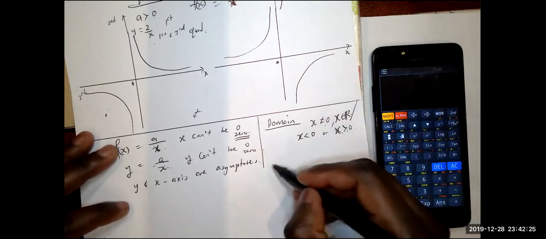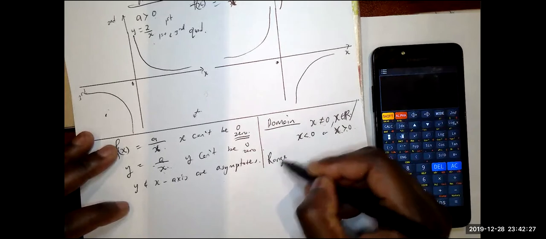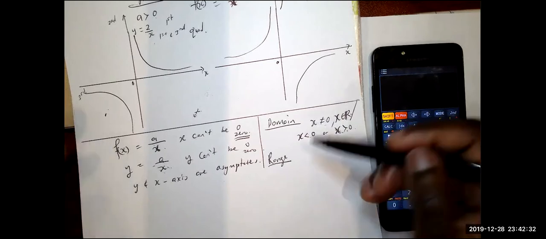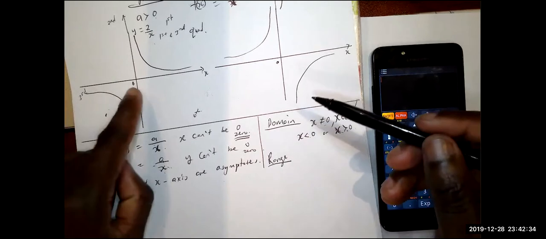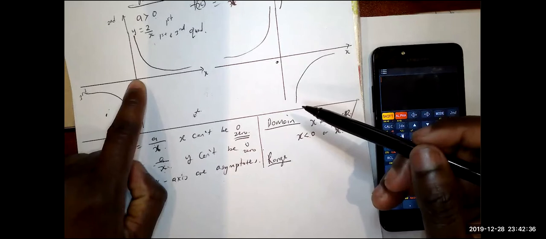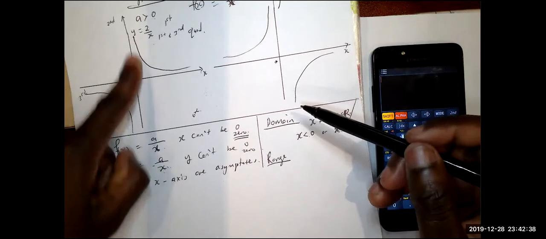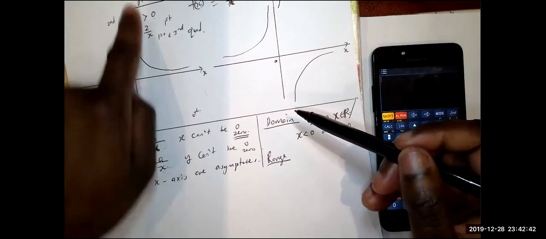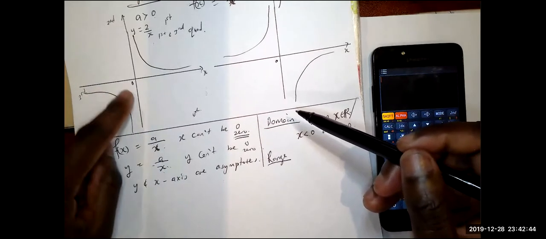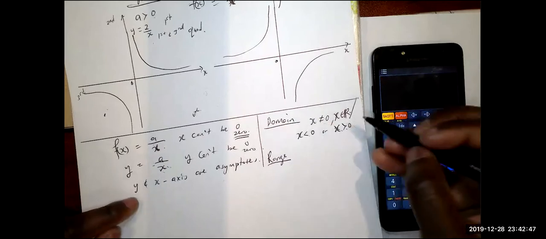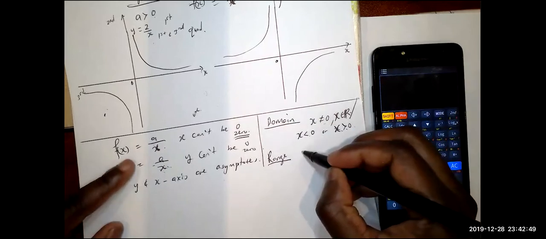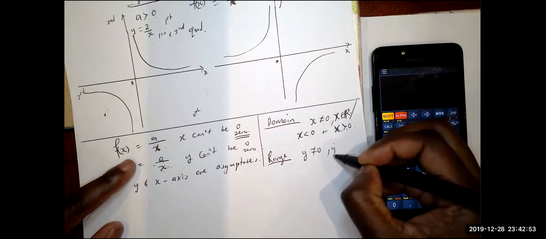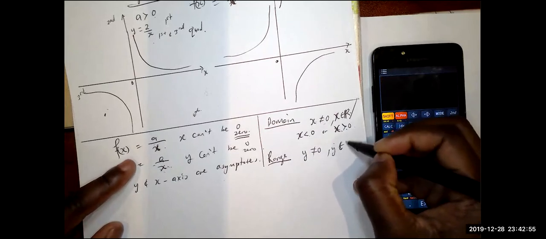It's up to you. Okay, then the range, in terms of y, is still more or less the same, because y cannot be touched. But y can occupy any value as well, because you can see it is going to infinity there, and going to infinity there. So it means that y cannot be equal to 0, and y is an element of real numbers.